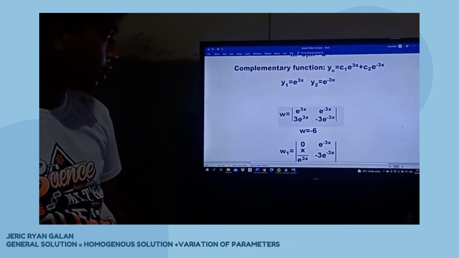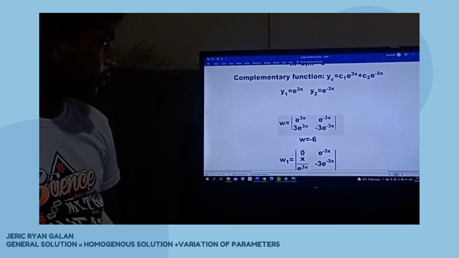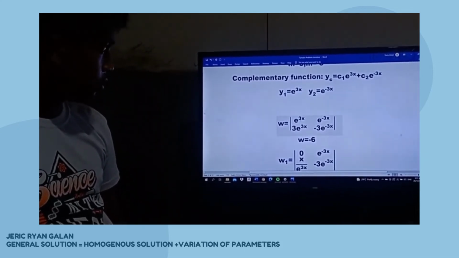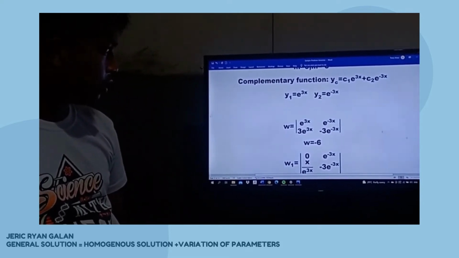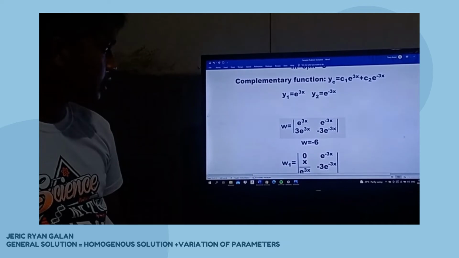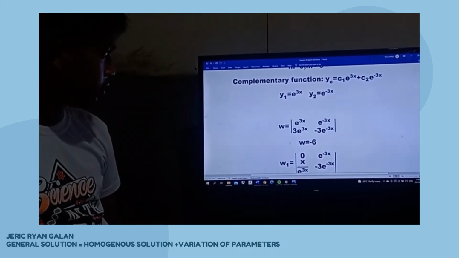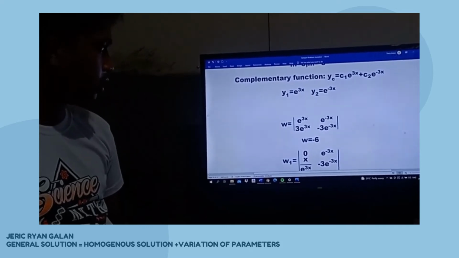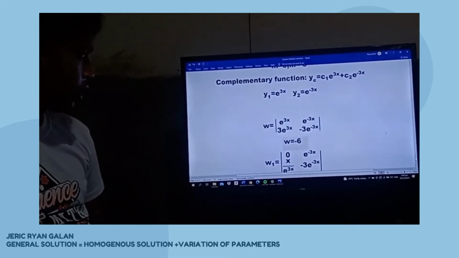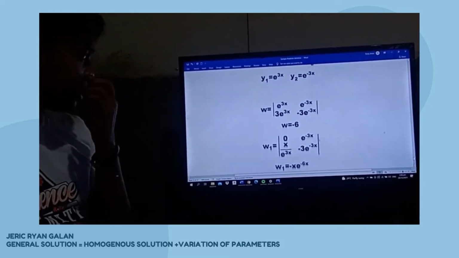Tapos, cross multiply lang. So, using cross multiplication, makancel man natin yung e raised to 3x. So mabilin nimo guys, negative 3, negative 3 o negative 6.